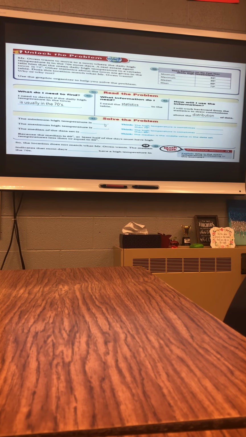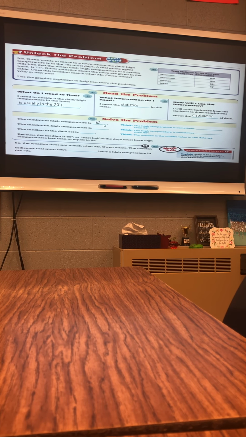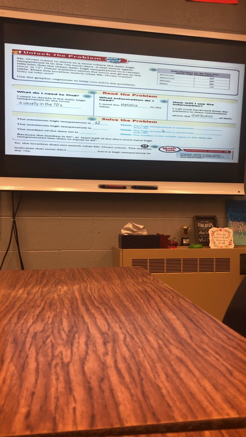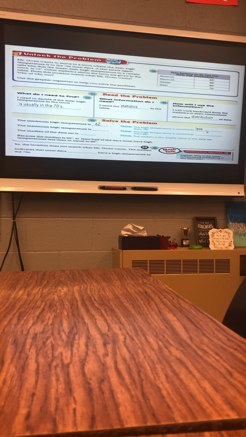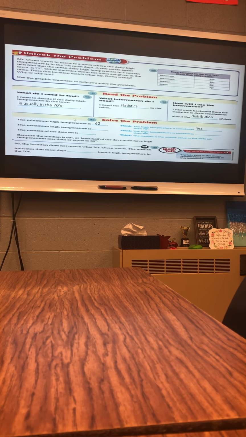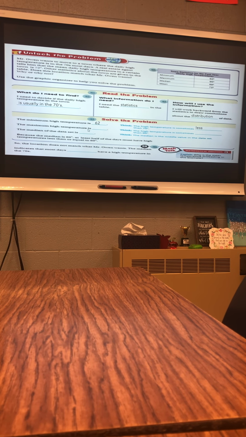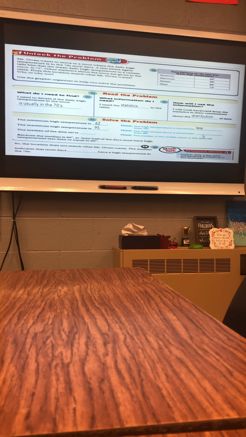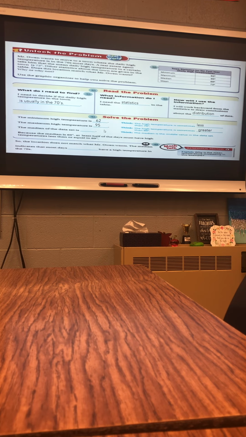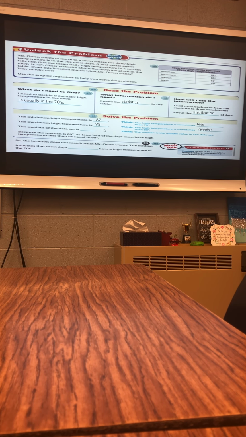So the minimum high temperature is 62, which means the high temperature is sometimes less than 70. The maximum high temperature is 95, so that would mean that the high temperature is sometimes greater than 80.